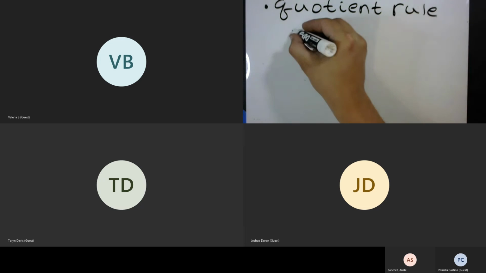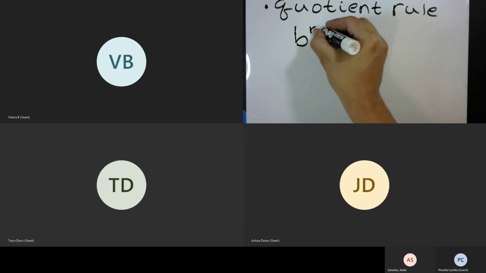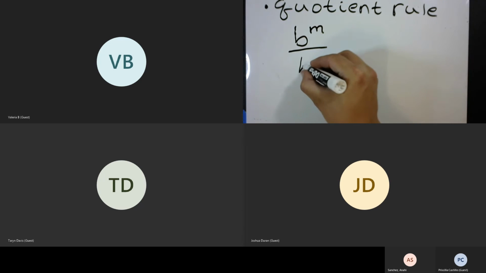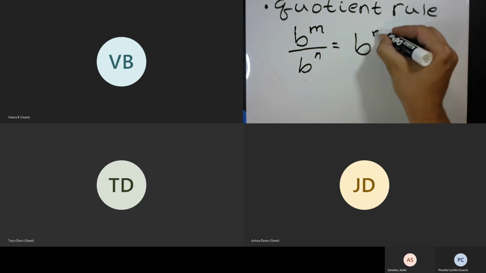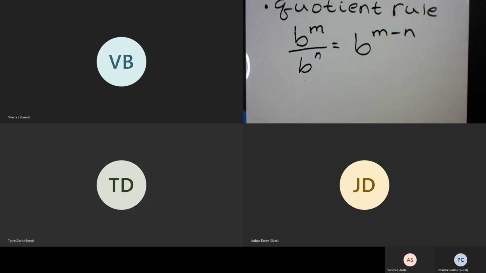And it works like this. You have b to the m over b to the n. It's b to the m minus n. So let me give you an example.